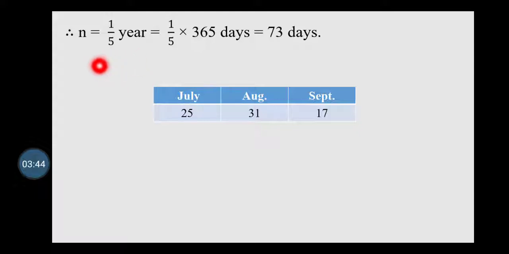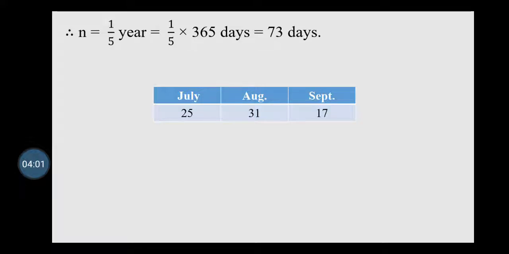So we have to convert year into days, and to convert year into days, we have to multiply the year by 365 days. So, here we will get 73 days.